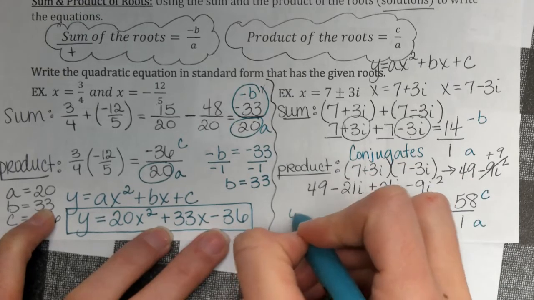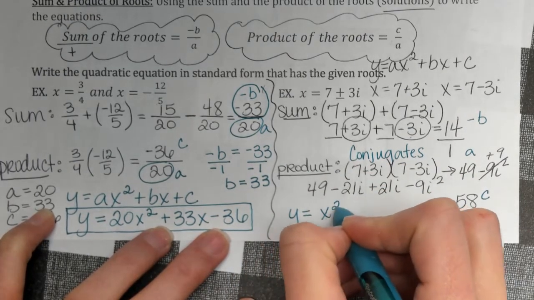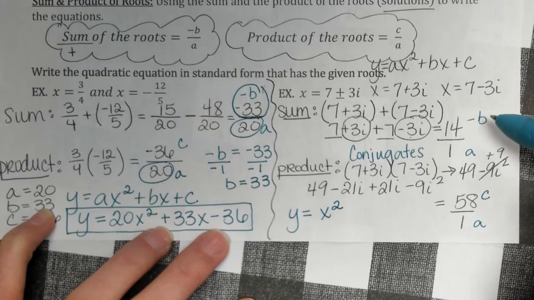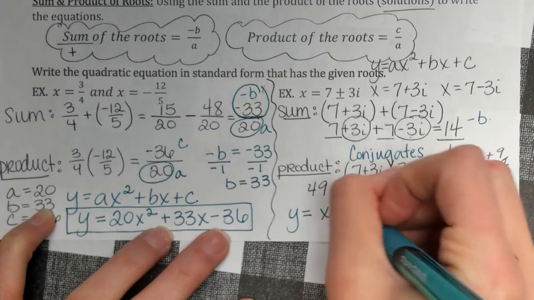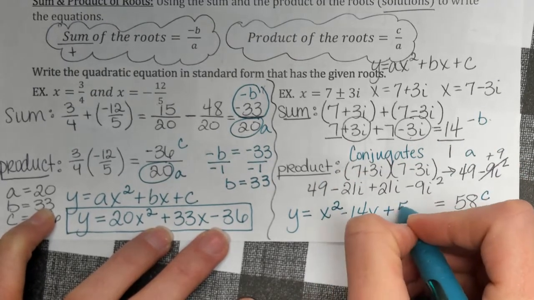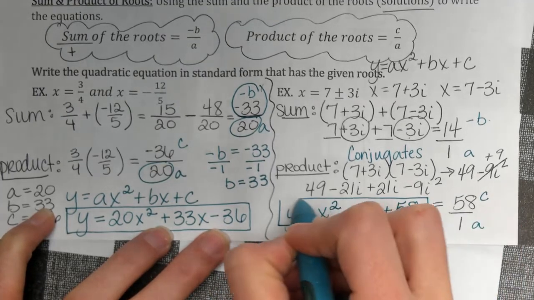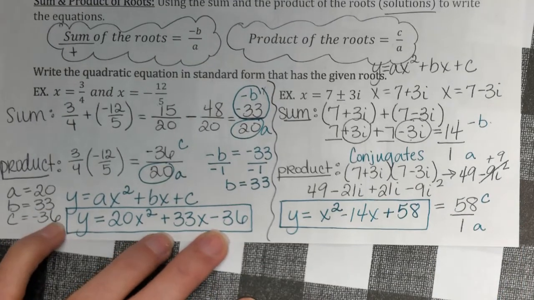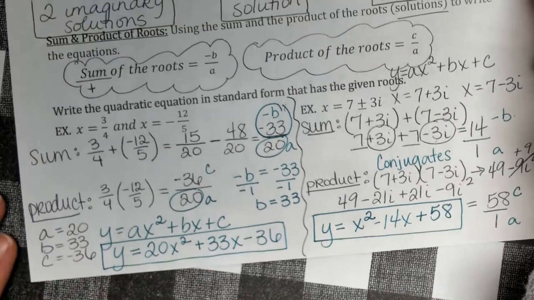Okay, so I should have y equals, my a is 1, so just x squared. Now, negative b is equal to 14, so what is b? Minus 14x plus my c, which is 58. Are we good with that?